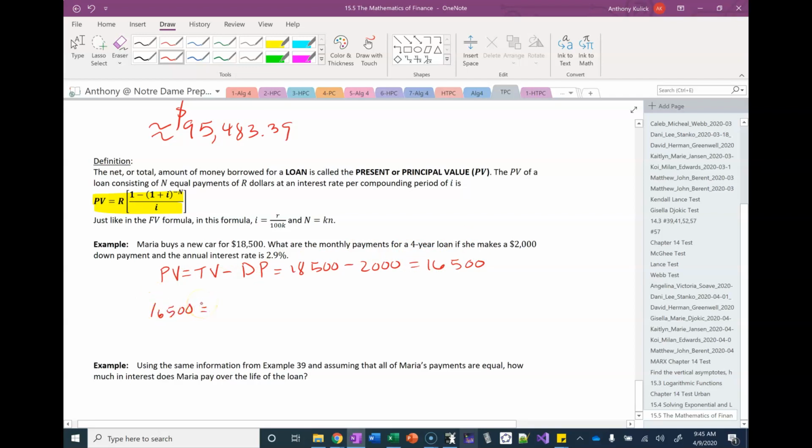And we're looking for how much the monthly payments are. And the monthly payments were R. One minus, 1 plus, and then I was R over 100K. It's 2.9. And then in this case, K is just going to be 12 because we're talking about monthly payments.